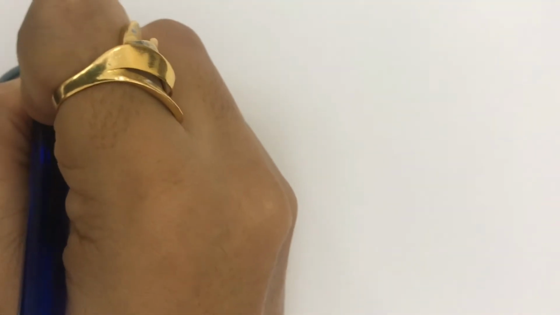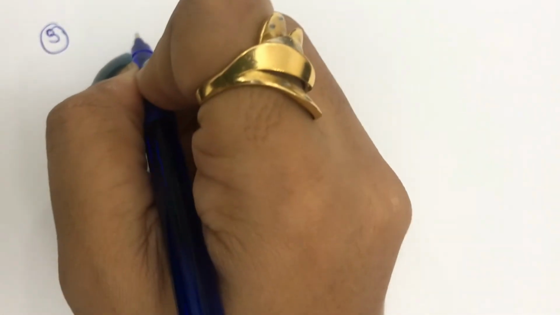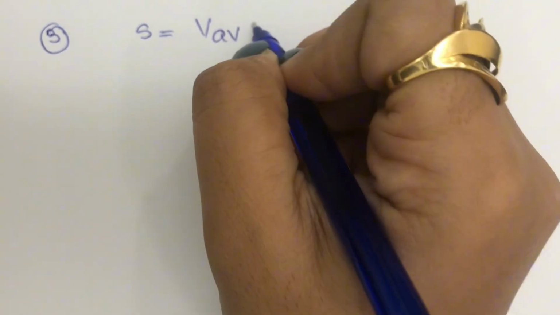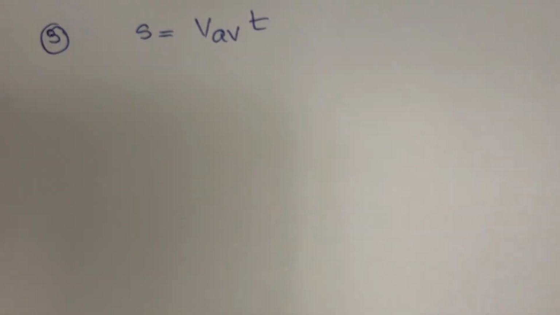Now we will be deriving the third equation of motion. Here also we start from the displacement. Displacement is equal to velocity into time. If the velocity is not constant, we take the average velocity, so displacement is equal to average velocity into time.